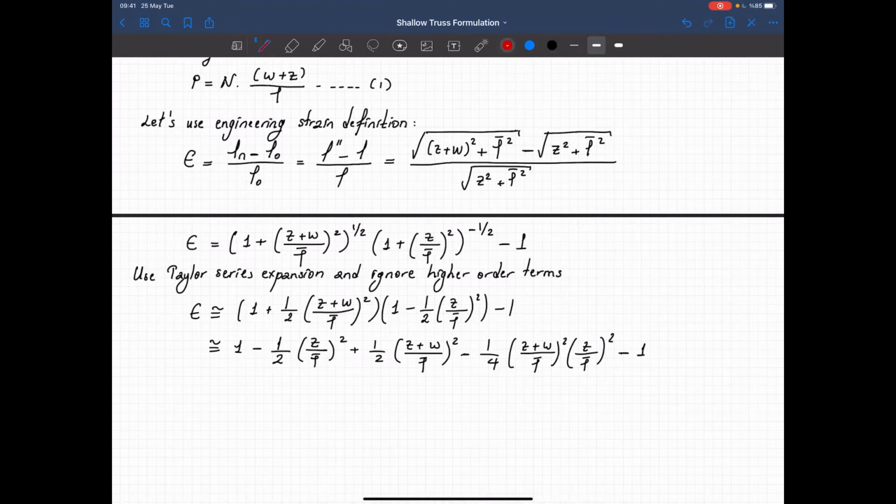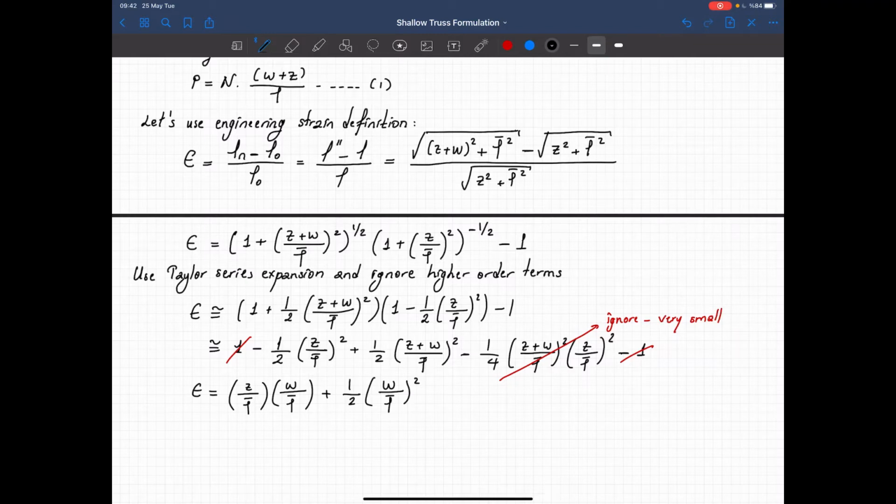And we can ignore this, compared with the other terms, these ones will cancel. And at the end of the day, our strain will be equal to Z over L hat, W over L hat, plus 1 over 2 W over L hat squared.